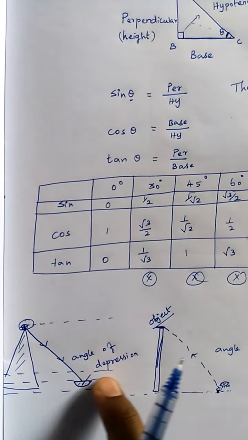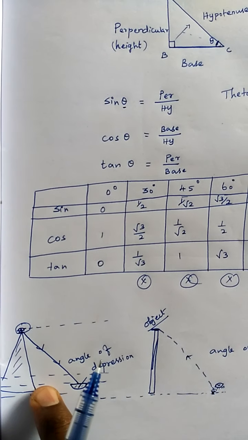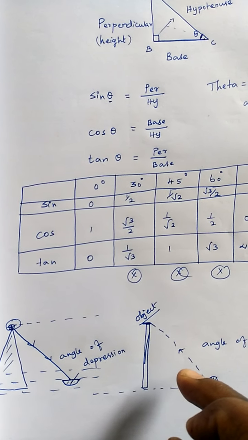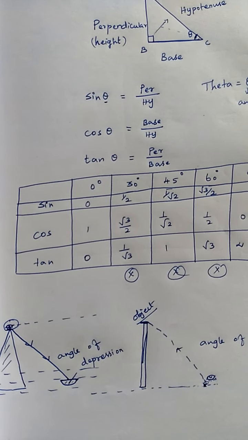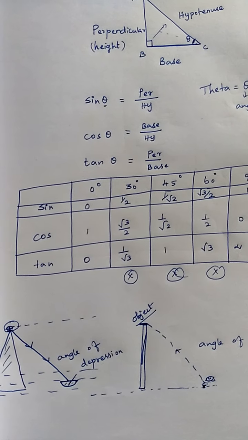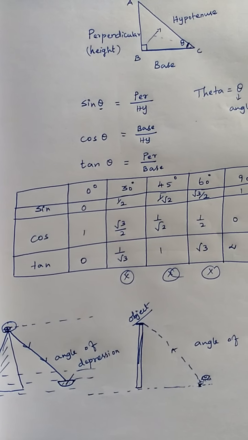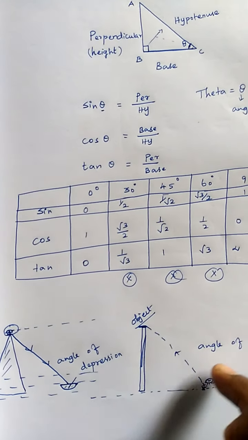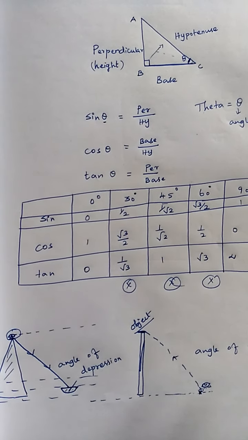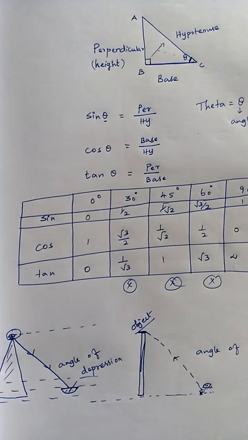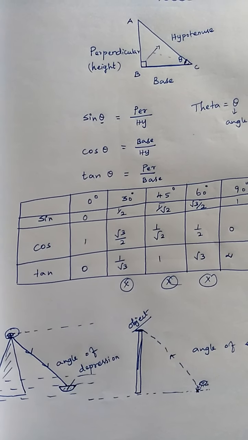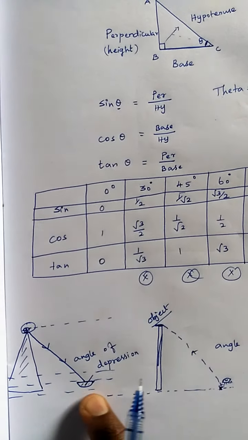After understanding these two, I'll tell you why and where we use this chapter. If you want to find the height of a tree, tall buildings, towers or mountains, we can use this trigonometric concept to find the heights. In olden days they found the height of Mount Everest and the tallest buildings and trees using this concept only.